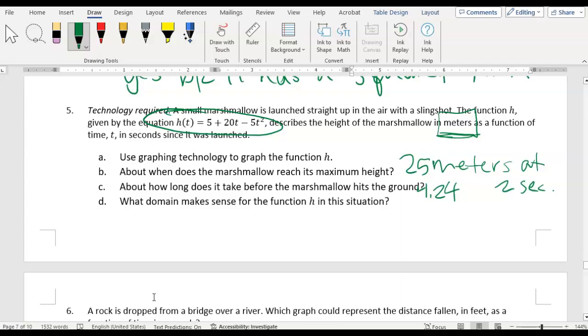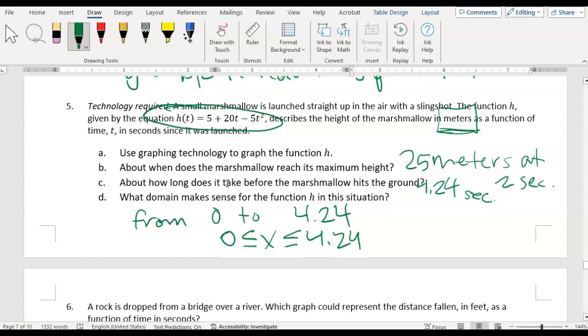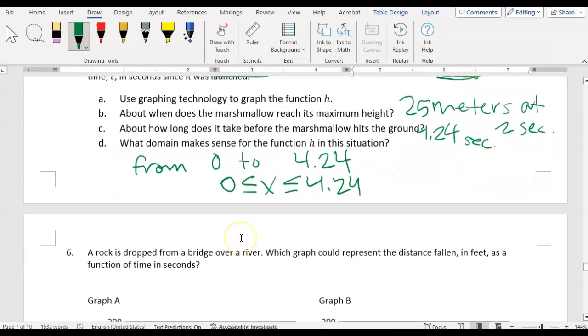Yeah, 4.24 seconds approximately. And what domain makes sense for the function h in this? So this would be from 0 to 4.24, or we could say x is less than or equal to 4.24 and greater than or equal to 0. Yep, that's our time that we're going to be putting in.